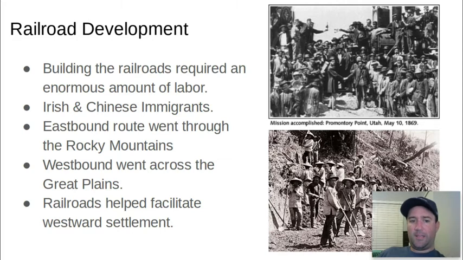Now, the route coming from the west going towards the east, going through the Rocky Mountains, is much tougher terrain. And so they had to go either through passes, and a lot of tunnels were made as well. And this is very, very dangerous work. In order to clear the rocks to make these tunnels, they were using things like nitroglycerin.